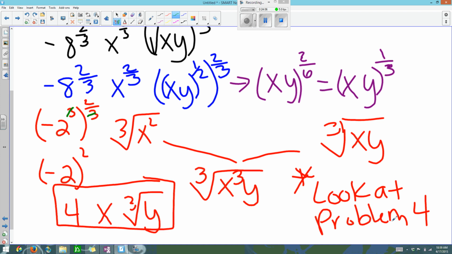I did take out number 43, which was a division problem, but I want you to try 43 for homework tonight. Do problem number 43, and I'll add that back in.